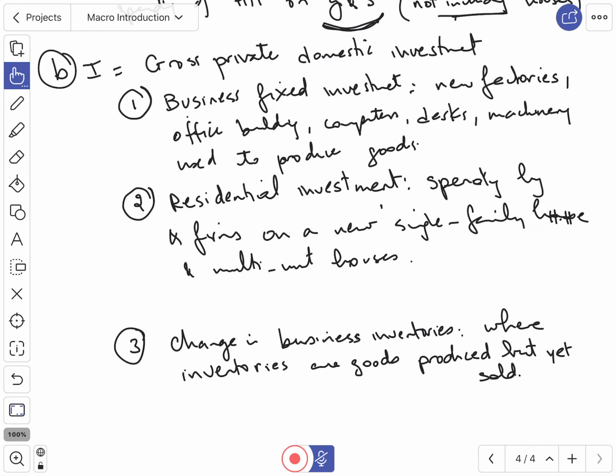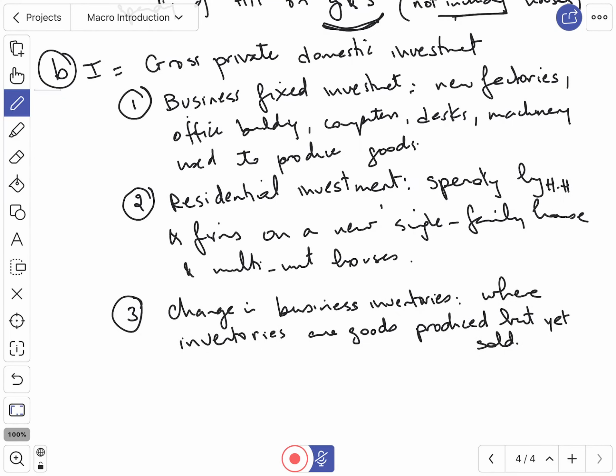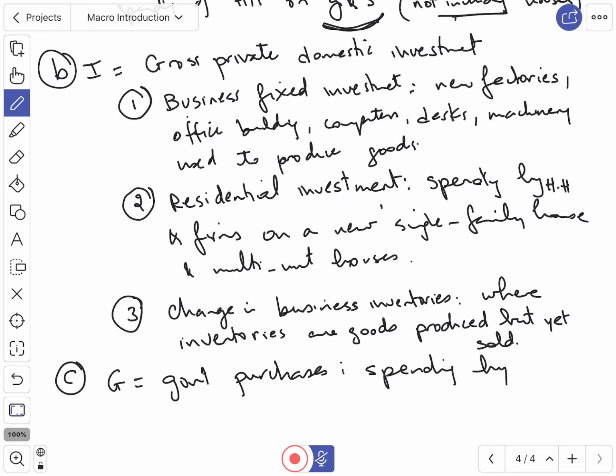And finally, our last component, which is the government spending. Actually, it's not our last, we still have net exports. So number C, which is G, the abbreviation for government purchases. This is basically the spending by the government, and you can divide the government as federal, state government, and local government.